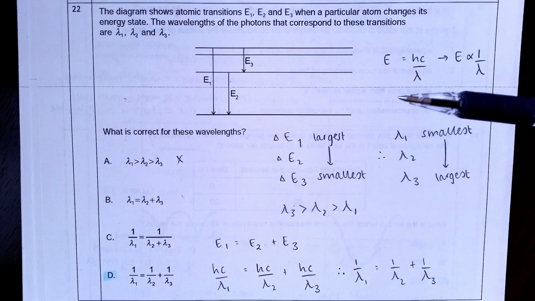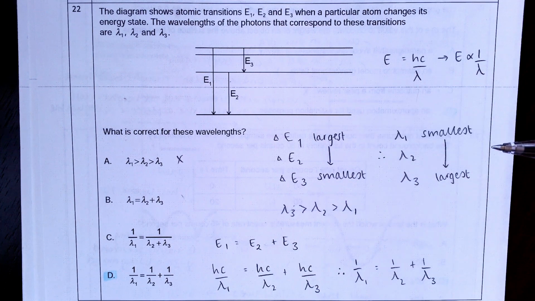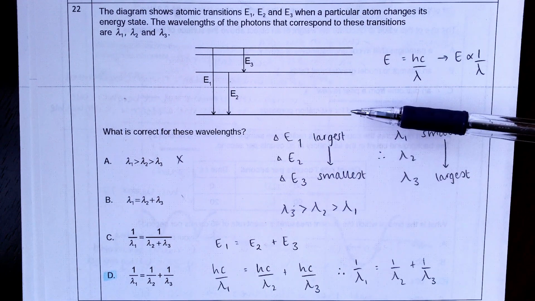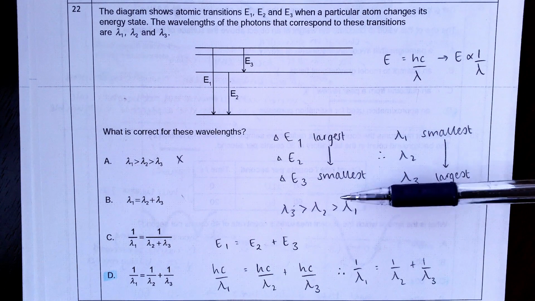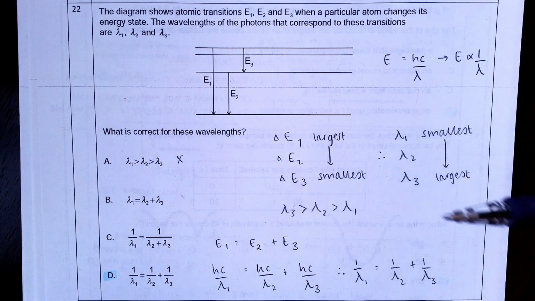We know that if E is proportional to 1 over lambda, then the largest energy difference will correspond to the smallest wavelength, and vice versa. So it goes E1, E2, E3 for largest to smallest, which means lambda 1, 2 to 3 goes smallest to largest, which means that lambda 3 is bigger than lambda 2, is bigger than lambda 1.